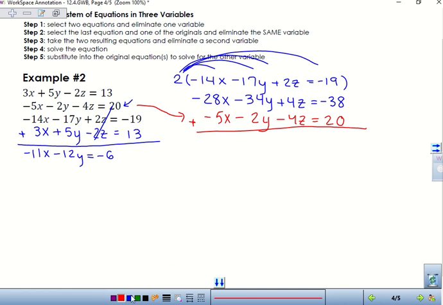So just be careful. So this gives me negative 33x minus 36y. These cancel, equals negative 18. So now I have a 2 by 2 system that I can solve.